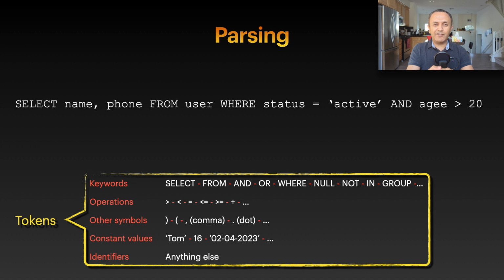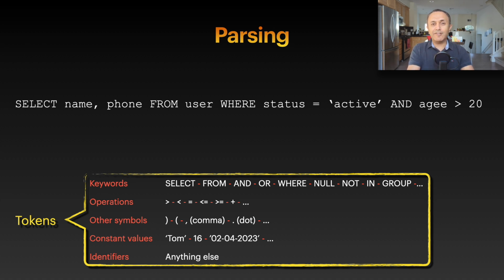There are other things like operations: greater than, less than, equals, arithmetic operations, plus, minus. So these are symbols that have meaning to the system. There are other symbols aside from operations, things like parentheses, quotation marks, dot, comma. They also have some meaning depending on the context in which they're found.